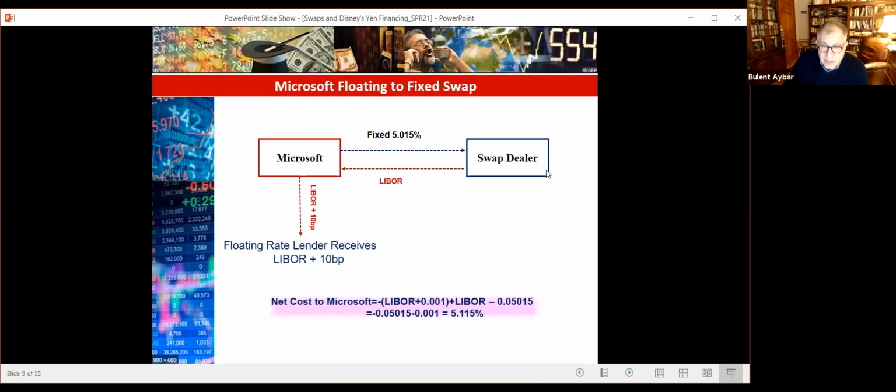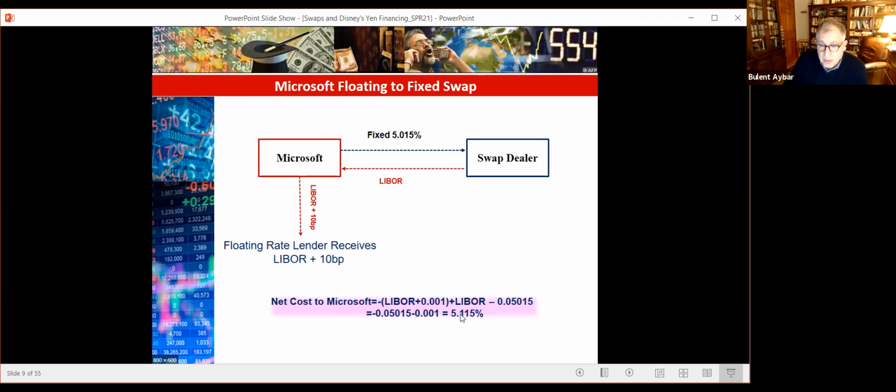So if we graphically represent the deal, as you see in here, Microsoft makes a fixed payment of 5.015%, receives LIBOR, turns around and pays its original lender, which is LIBOR plus 10 basis points. So there is a 10 basis point net payment that Microsoft incurs in here, and a 5.015% fixed payment that Microsoft incurred again.